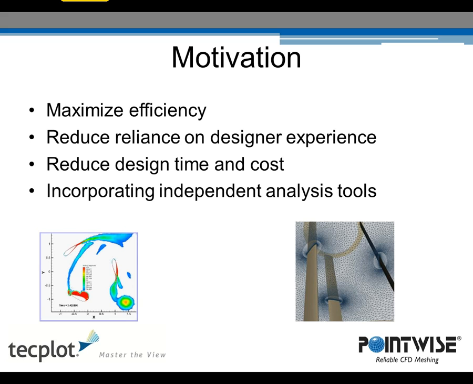So by minimizing the amount of user input, someone without a lot of experience could actually get an improved design for a very specific operating condition. Also, reducing the design cycle time frame by using an automated computational framework really reduces the cost by eliminating the need to spend countless hours manually constructing many physical or computational models and analyzing each one individually through some sort of design of experiments or exhaustive search technique.